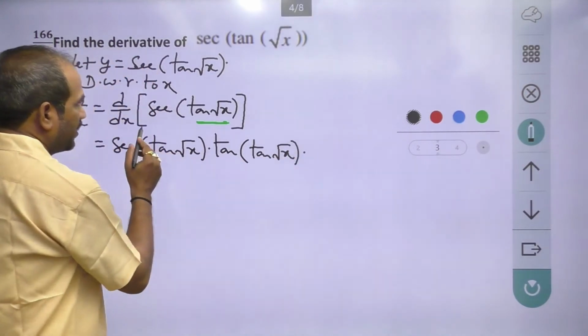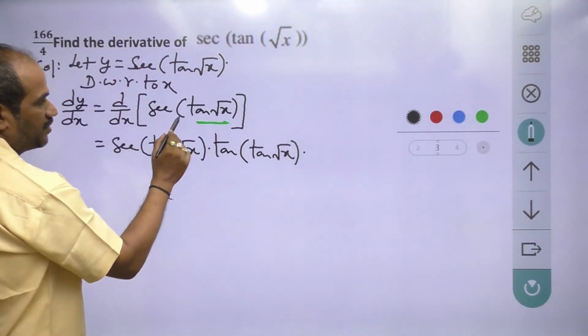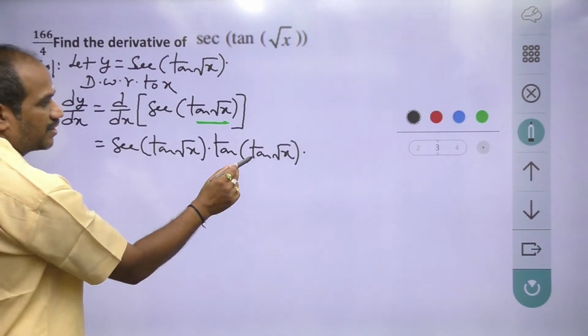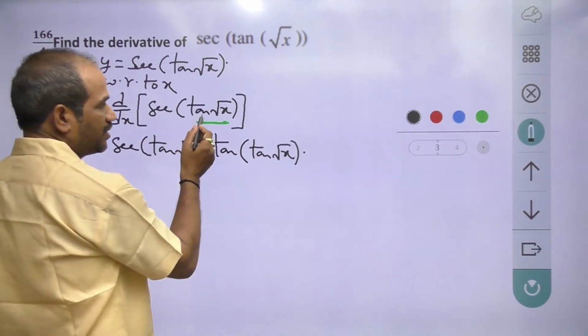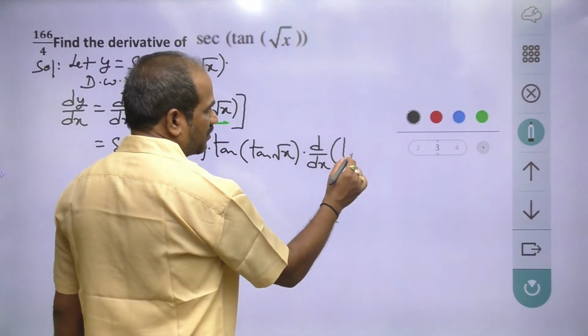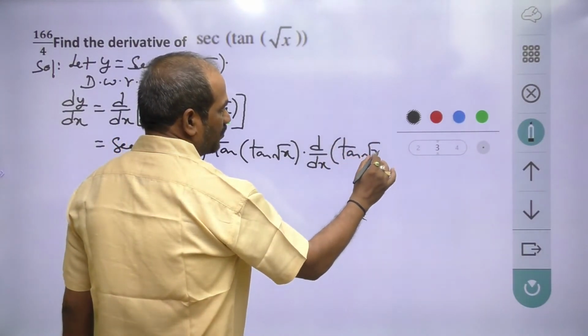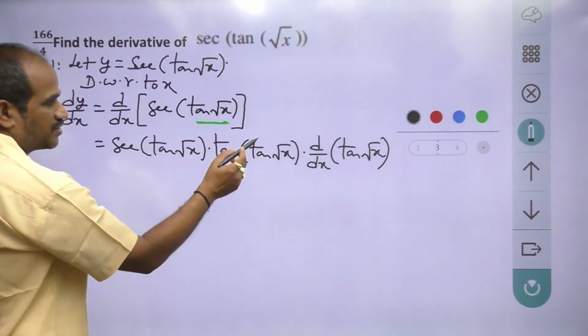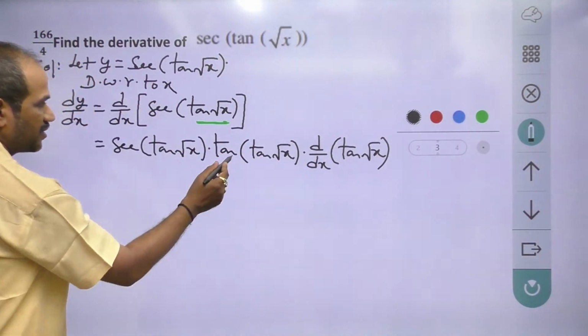Into the derivative of this function, d by dx of tan of root x.